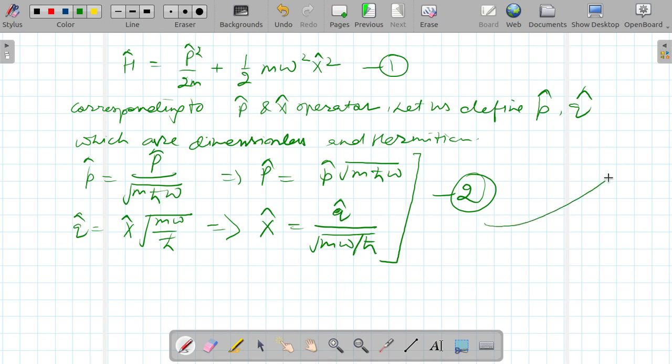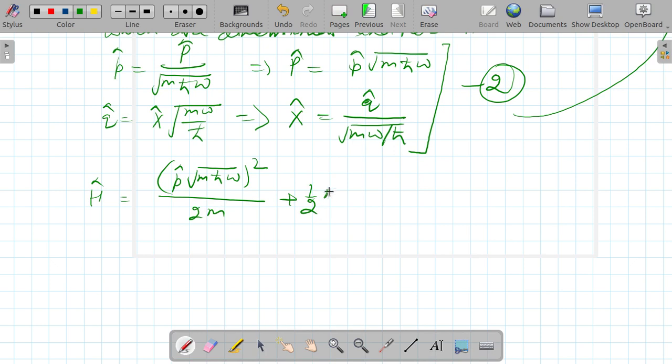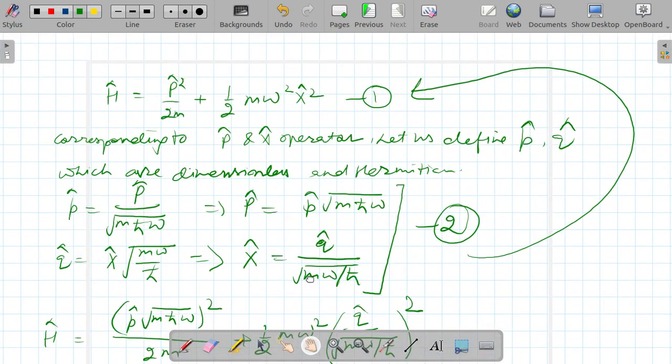So using these values in equation number 1, the Hamiltonian will become P times the square root of m h cross omega, whole square, over 2m plus 1 by 2 m omega square, Q over the square root of m omega over h cross, whole square, because here x square is sitting, right?